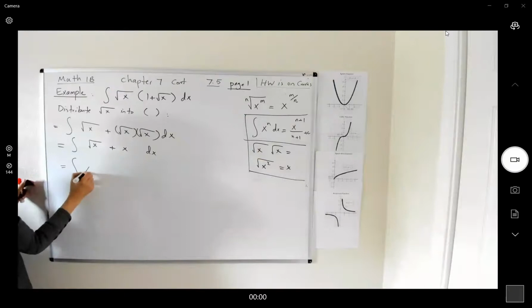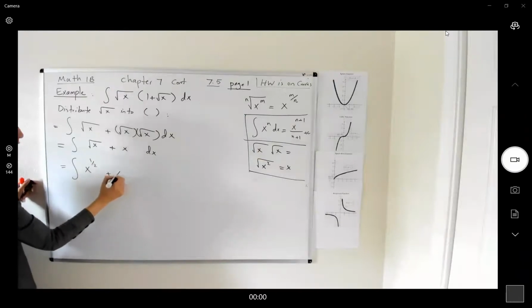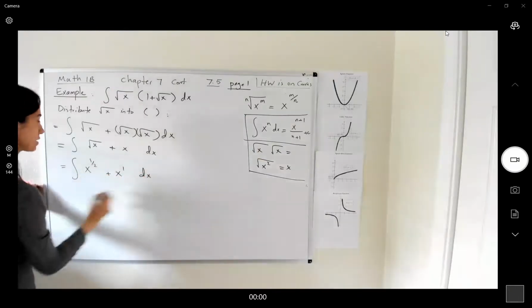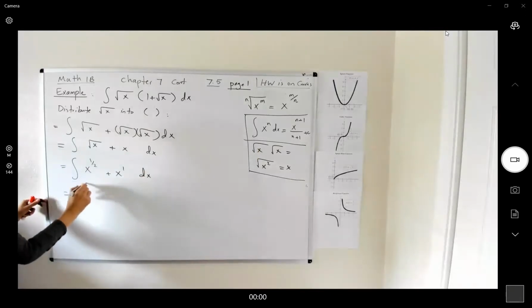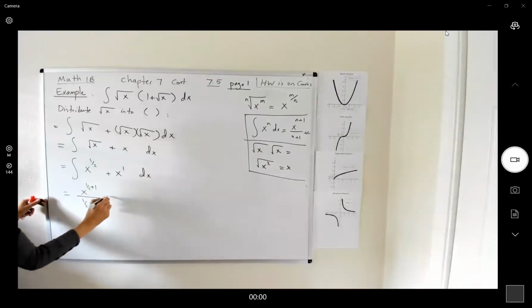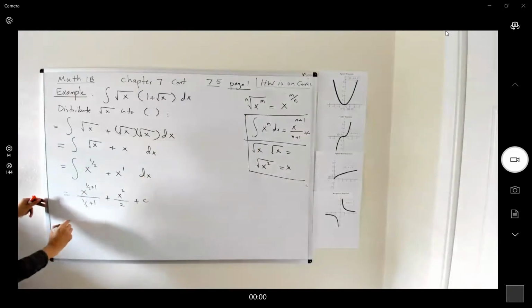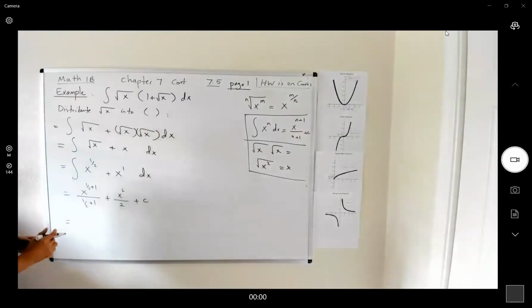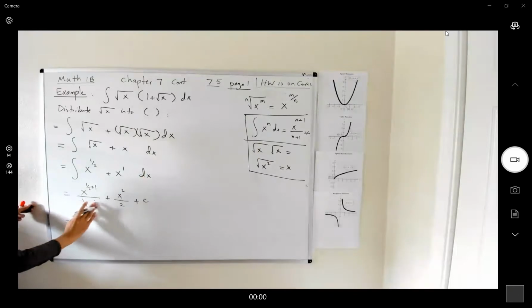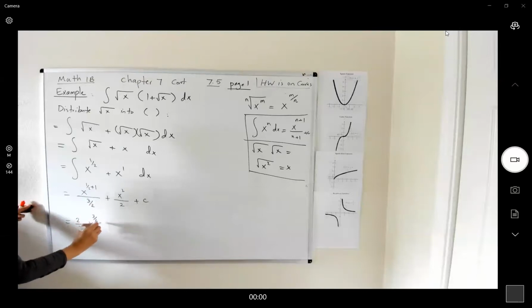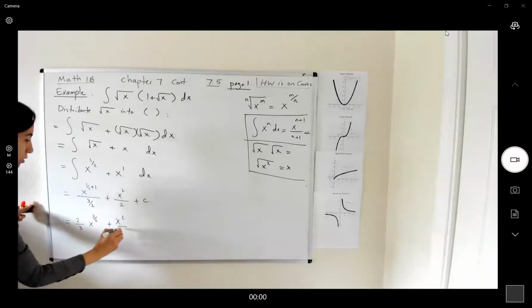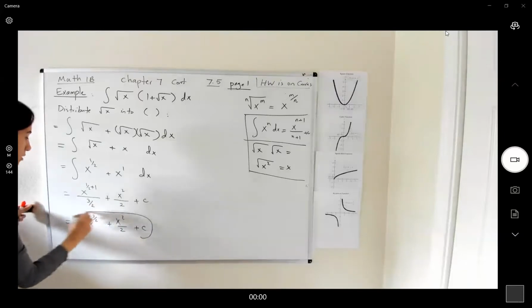So this is the integral of x raised to a half plus x to the first power dx, which is equal to x raised to a half plus 1 divided by a half plus 1 plus x squared divided by 2 plus c. If you simplify this, a half plus 1 gives you 3 halves. You get 2 thirds x raised to 3 halves plus x squared over 2 plus constant of integration.